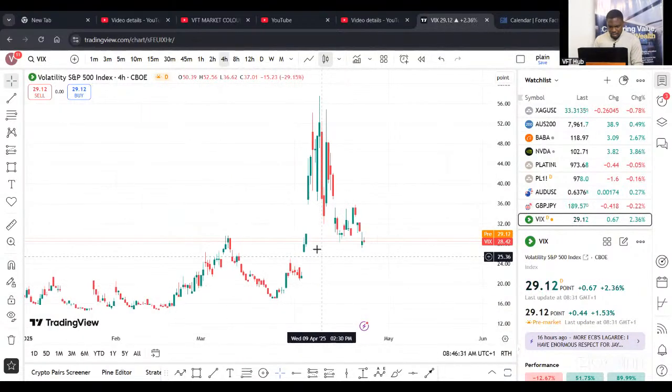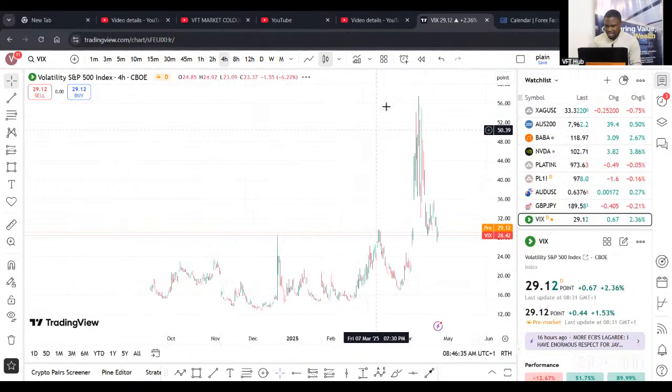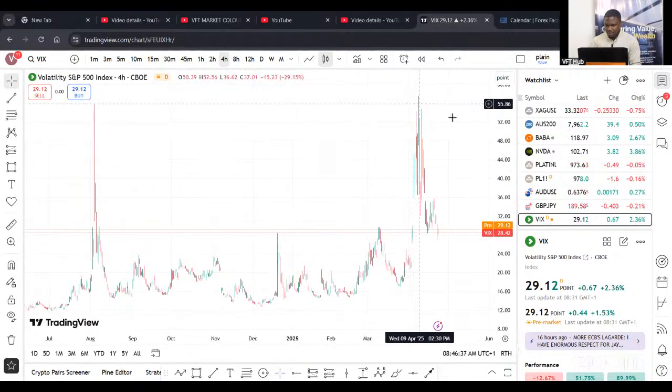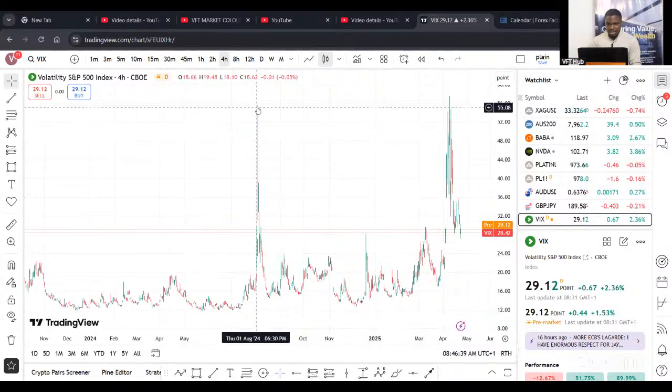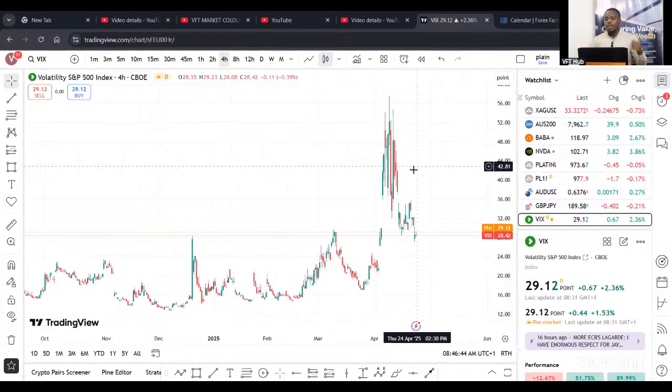As at the middle of this month, you could see we went as high as 56, 57 points, right? And the last time we had such a thing, we saw a crash in the market, right? So right now, we can see from the charts that investors are beginning to look into injecting cash into the market once again, especially into the US market.